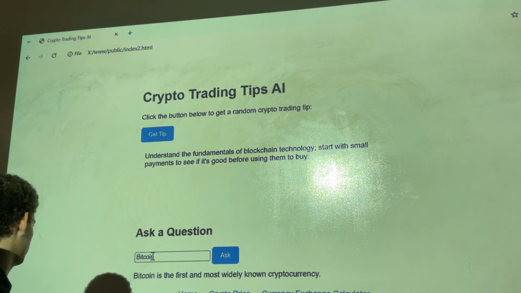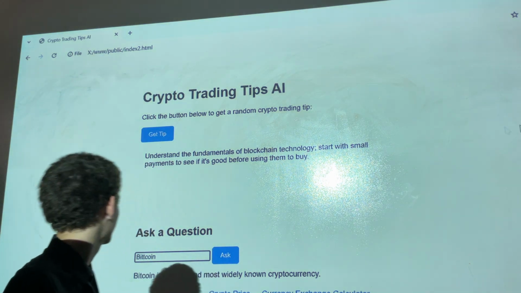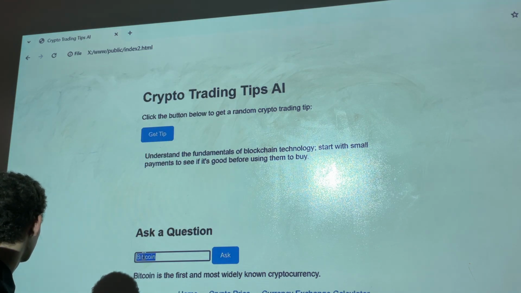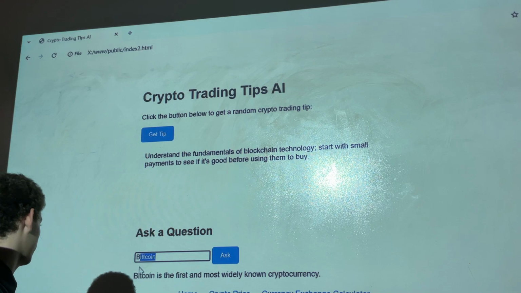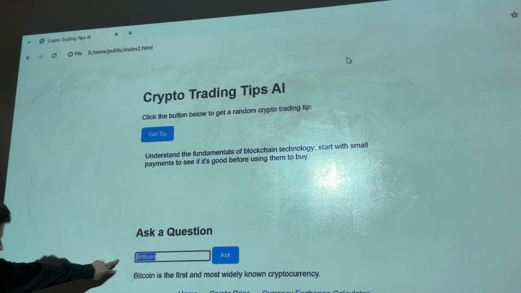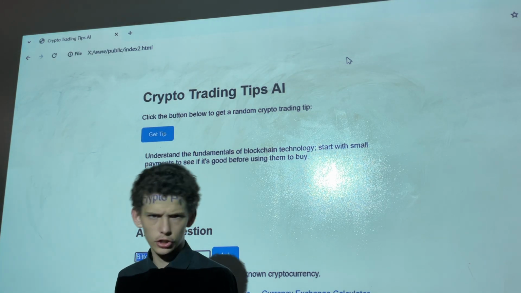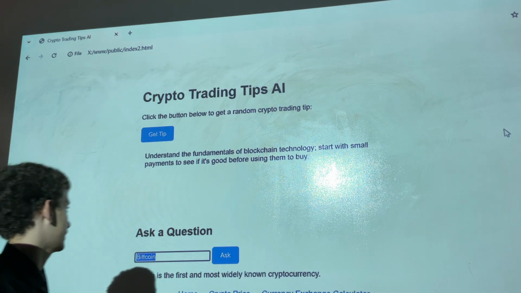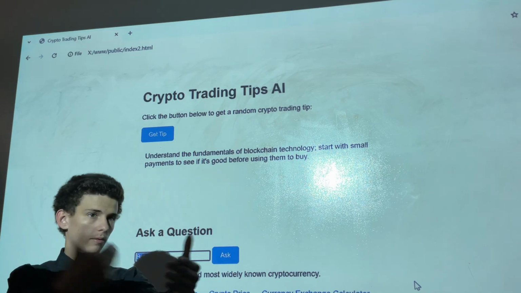Bitcoin, no. Oh yeah, there we go. So Bitcoin, it will give you the description for roughly 10 or so different types of Bitcoin cryptocurrency you can do, and that stuff.